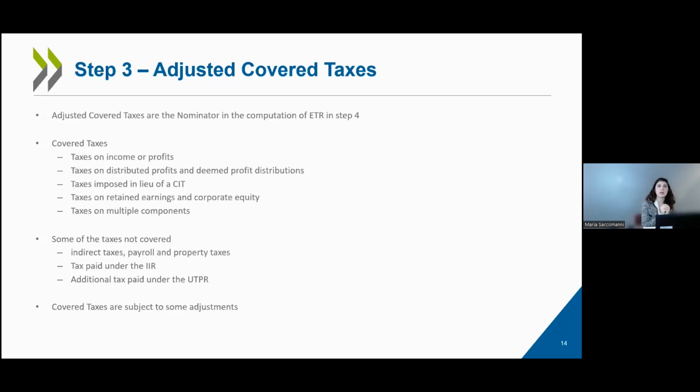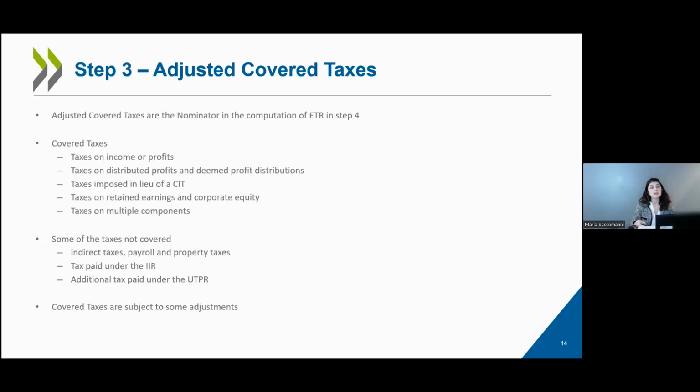If a given item of income is excluded from the GloBE income or loss, let's consider the dividend, for example, and if any tax is levied on that excluded dividend, the taxes shall also be excluded from the numerator, even if they qualify as covered taxes.